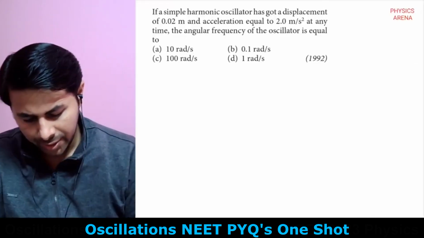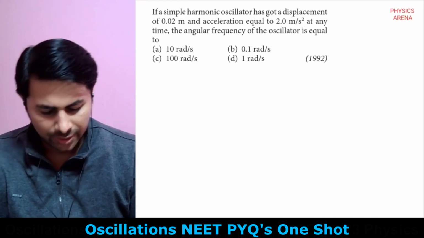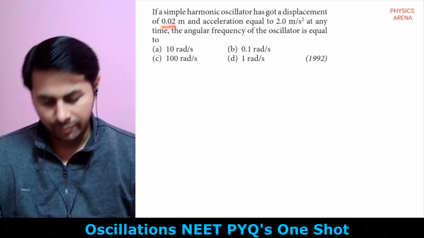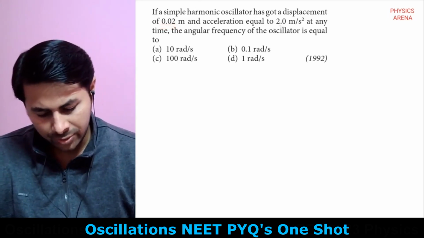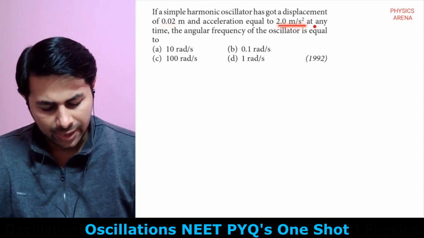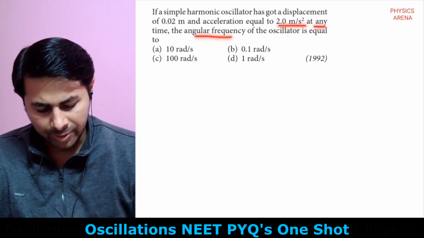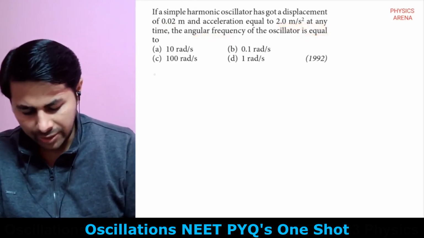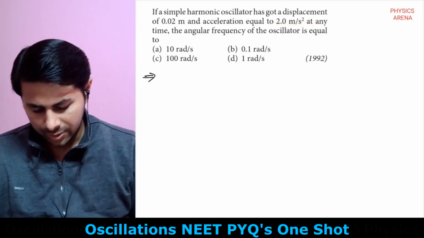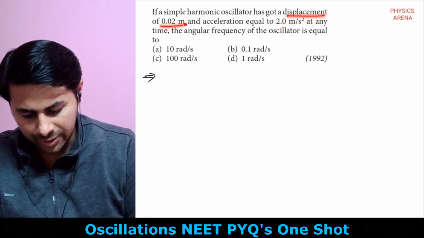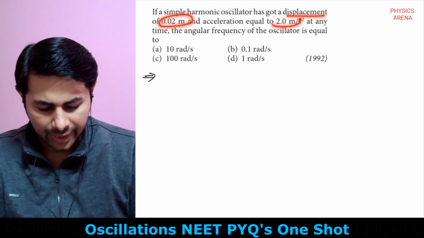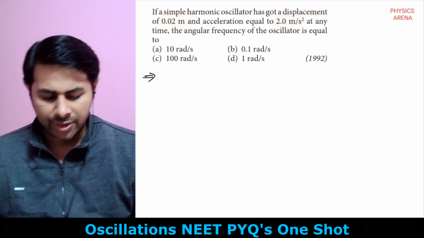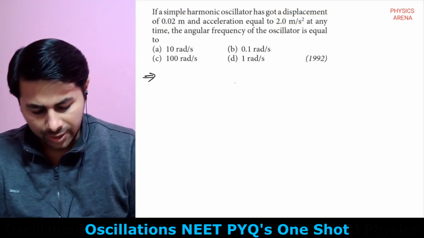Next question. If a simple harmonic oscillator has got displacement of 0.02 meters and acceleration equal to 2 meters per second square at any time, the angular frequency of the oscillator is equal to. Again, this is a very simple question. Displacement is given, it's 0.02 and acceleration is 2. So we know the relation between displacement and acceleration is what?